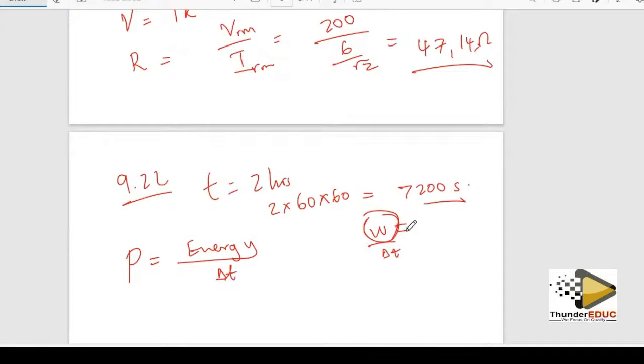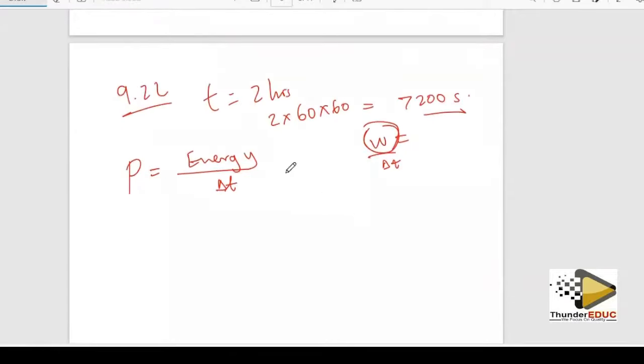Under the definition, energy is the ability to do work, that's why the units are the same. So to get my energy, I get my power times delta T. Since I have my voltage, current, and resistance, I can use any of them. I'll prefer to use I V and then delta T.